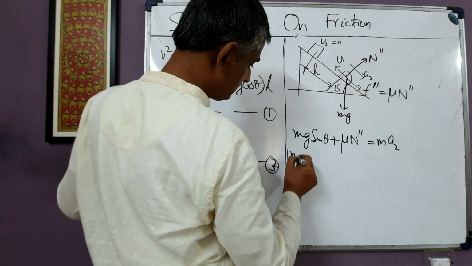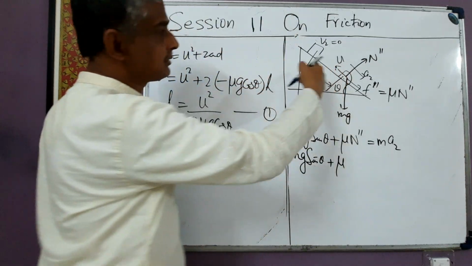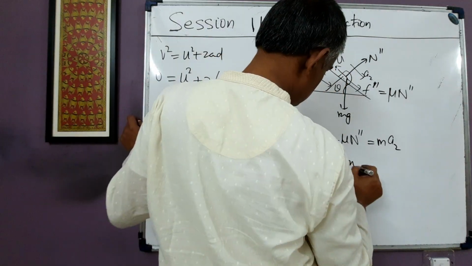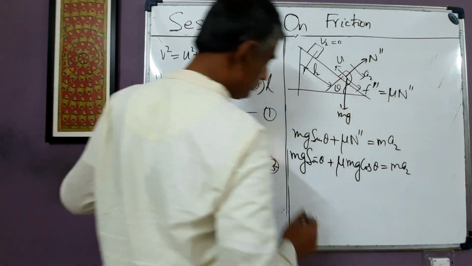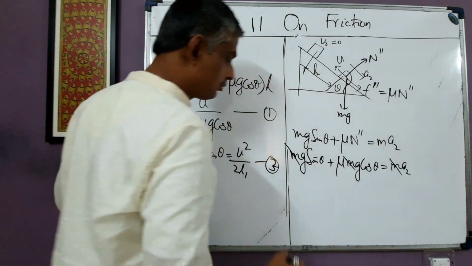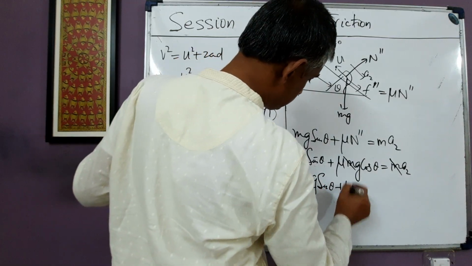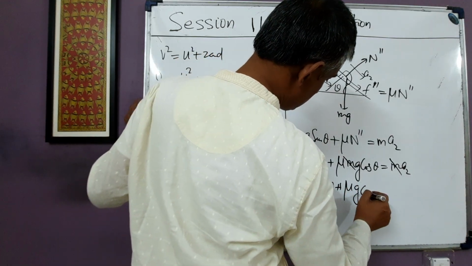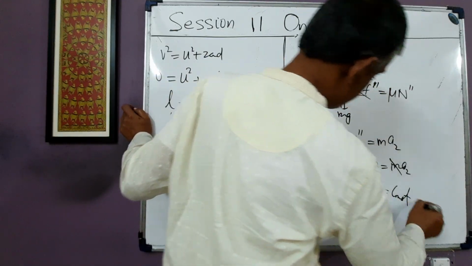Alright. Mu N double dash becomes mu mg cos theta, equal to m times A2. M and m cancel out. A2 becomes g sin theta plus mu g cos theta, which is again seen to be a constant quantity.